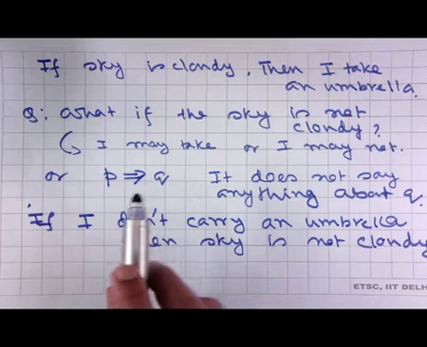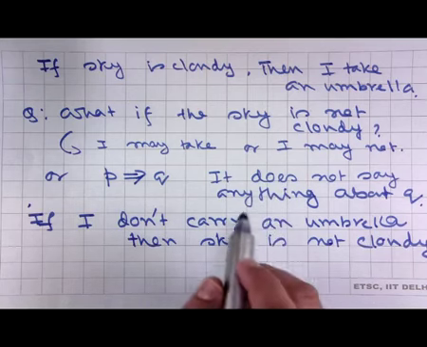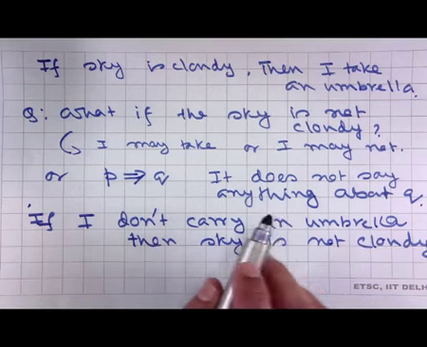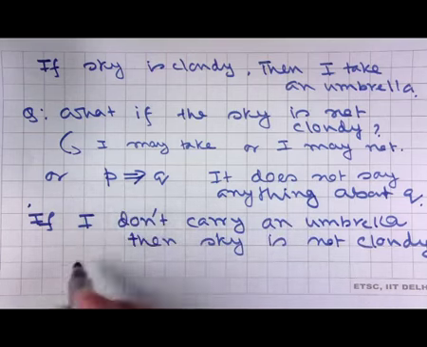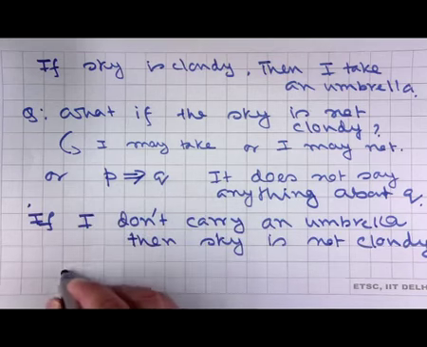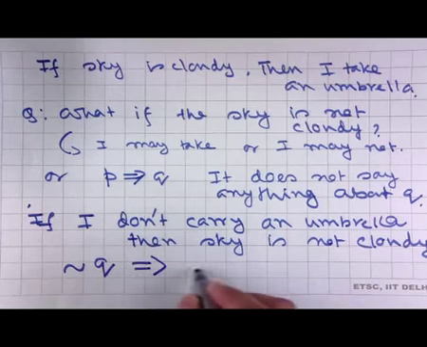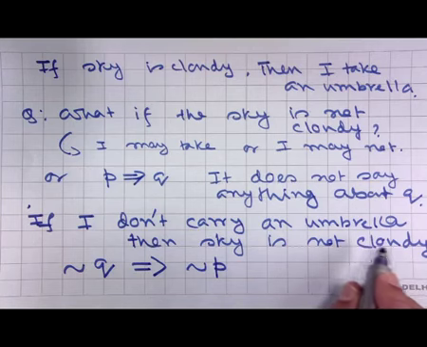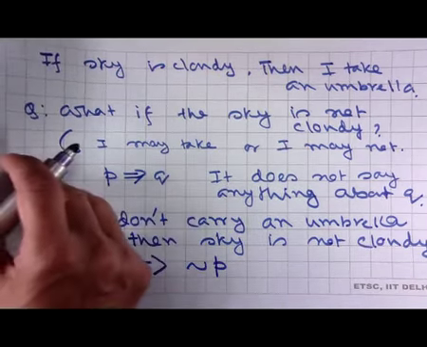Because if the sky is cloudy, then I am going to take an umbrella, but I am not taking an umbrella. Therefore, we can easily infer that the sky is not cloudy. Therefore, if P implies Q, then not Q implies not P. That you can understand logically from there.